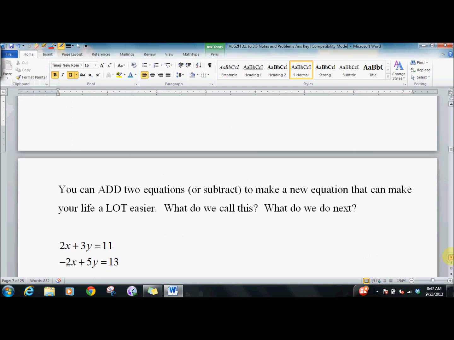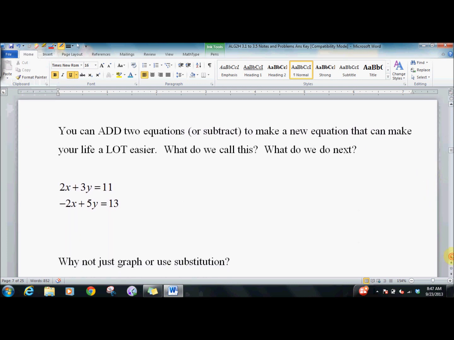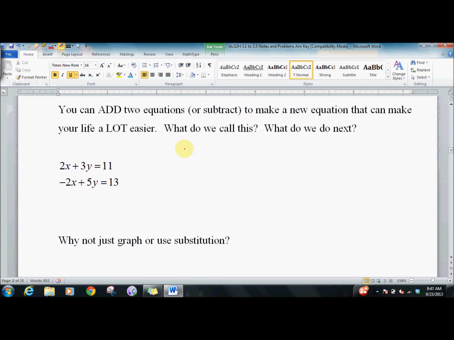So that's substitution. What's another way to do it? We call this elimination. We just put a line under them and add them down. When you add these, you get 0. When you add these, you get 8y. When you add these, you get 24. Y equals 3.